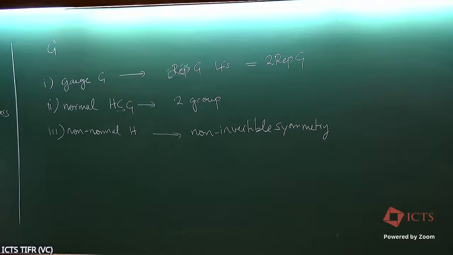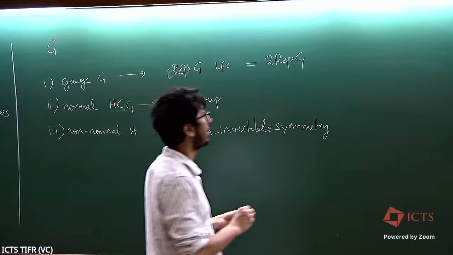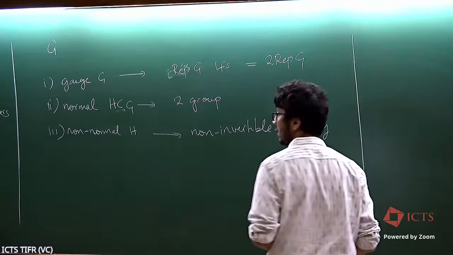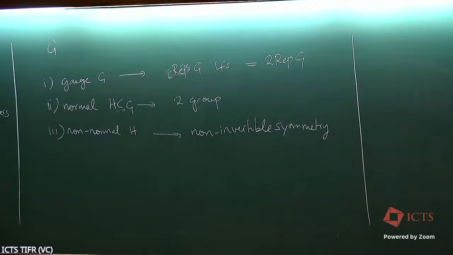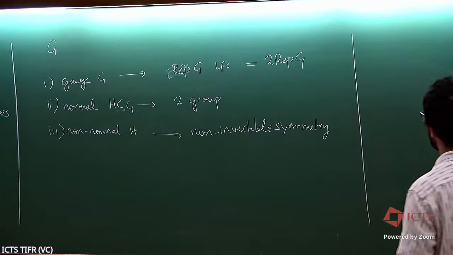So I want to say something about the kinds of symmetries one might find in 2D, and there's like a generalized gauging procedure one can carry out to realize a very large family of symmetry categories.